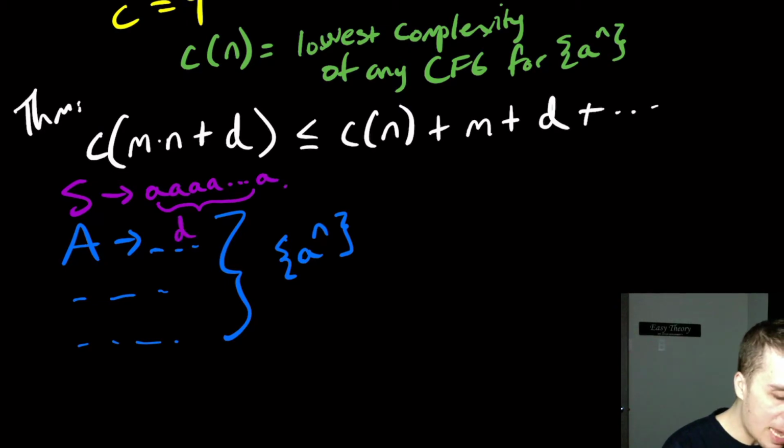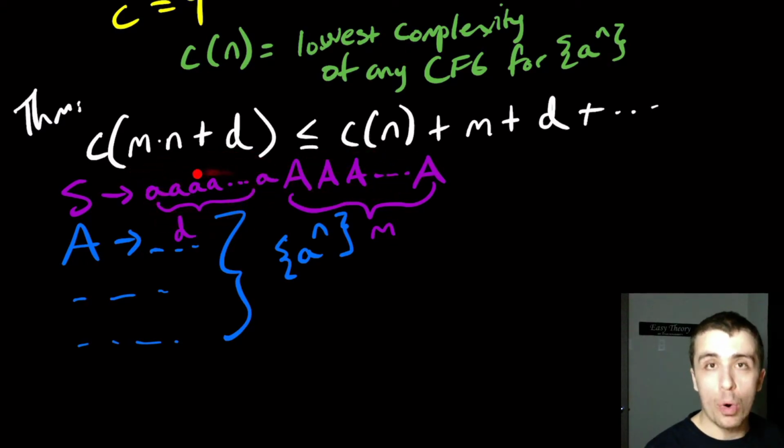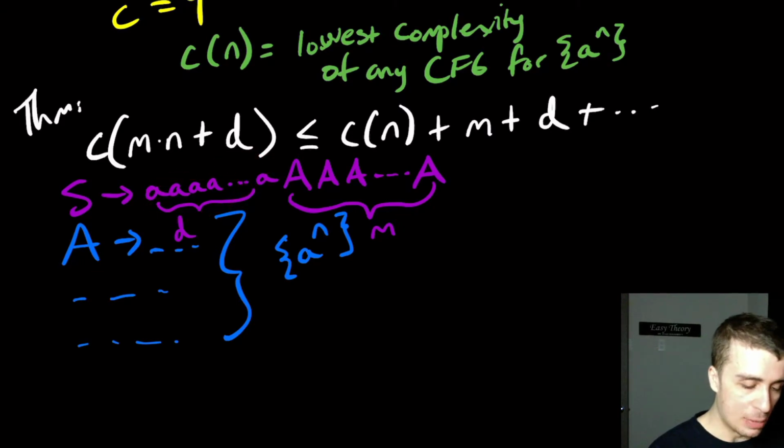And then we have m occurrences of the capital A variable. If A makes little a to the n, then m occurrences of A gets m times n, plus d more of the a's, so that gets d right here.